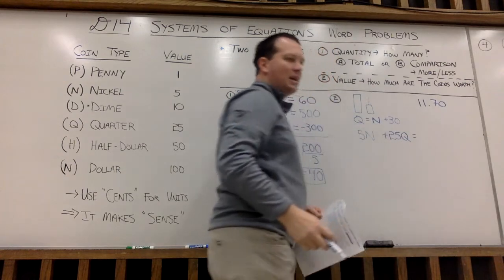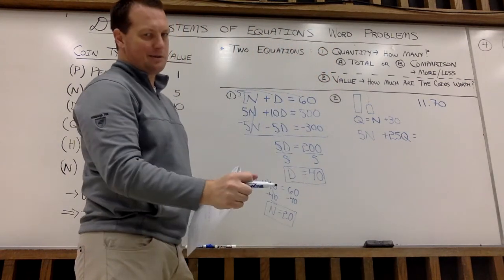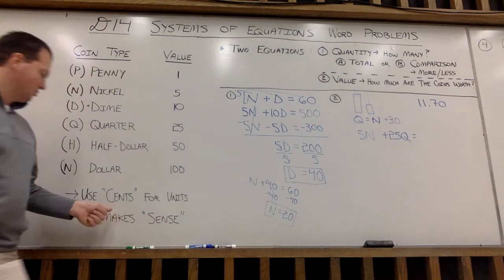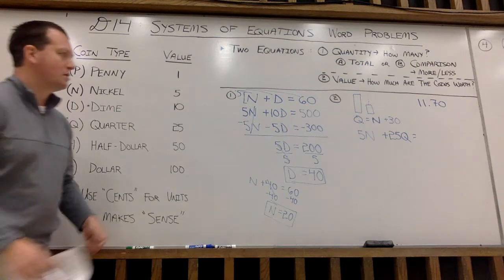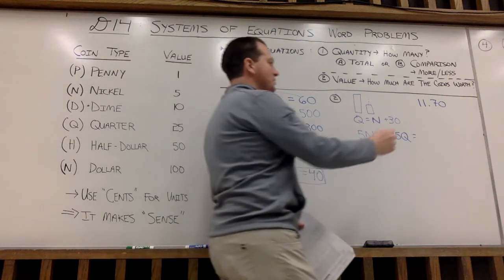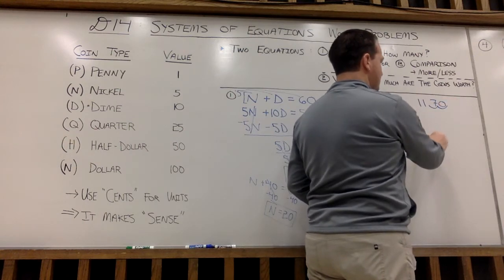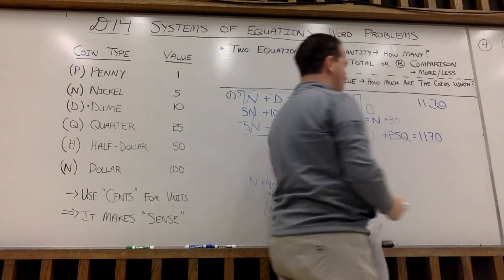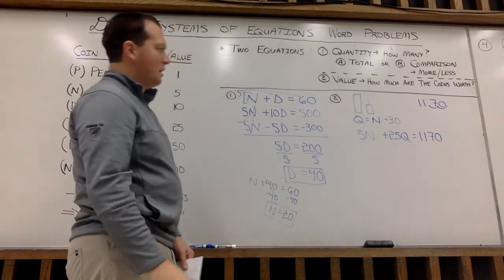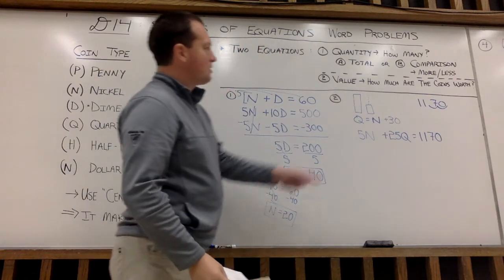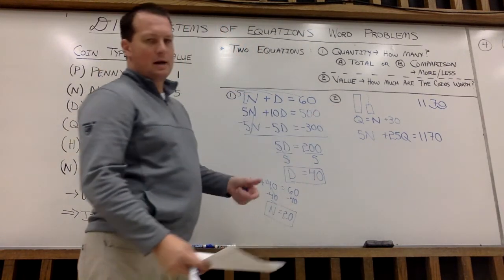So if you write down 11.70, remember, we always have to use cents for our units. So to make dollars into cents, there are 100 cents in a dollar. So this will equal 1,170 total cents.